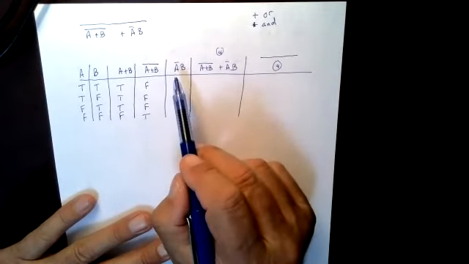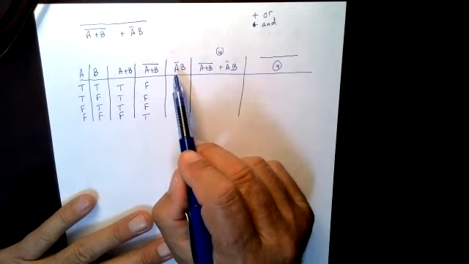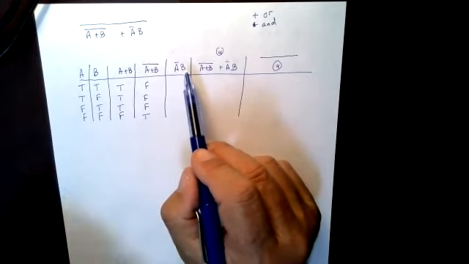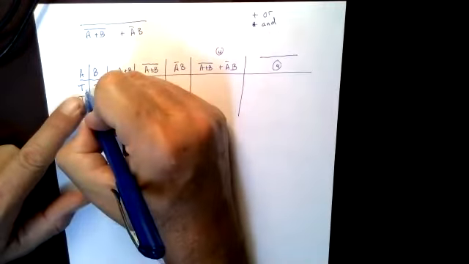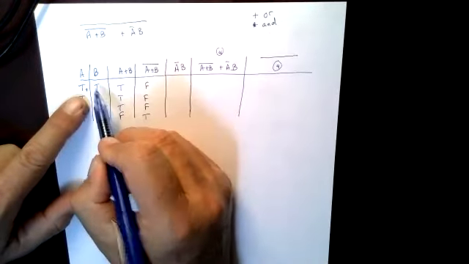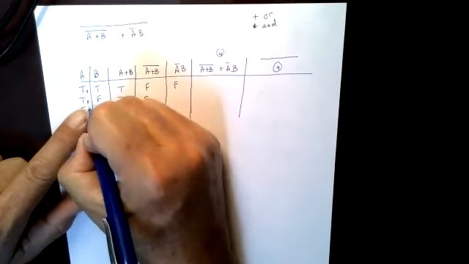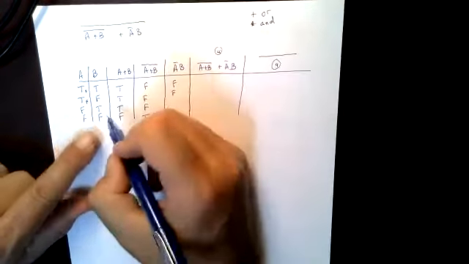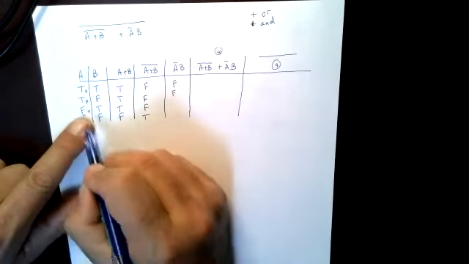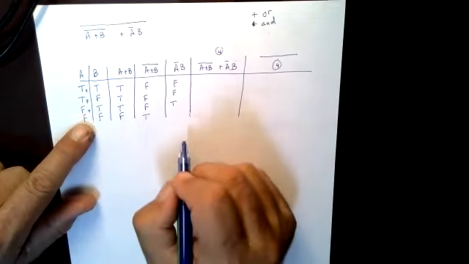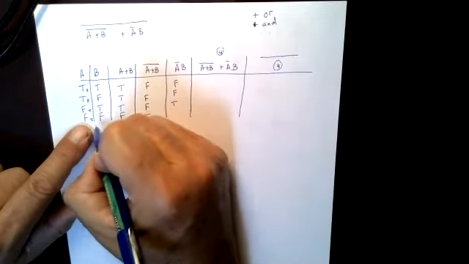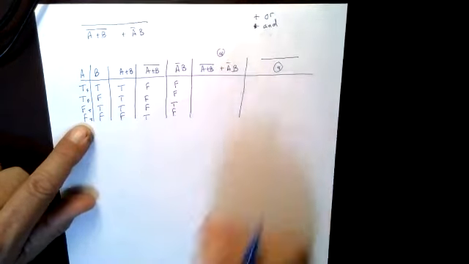Now I'm going to not whatever A is, and then I'm going to and it with B. So I'm going to not my A, which is a false, and I'm going to and it with true. That's a false. I'm going to not A and it. That's a false. I'm going to not A, which is now true, and it with B. Oh, that gives me a true. And I'm going to not A, and that gives me a false.